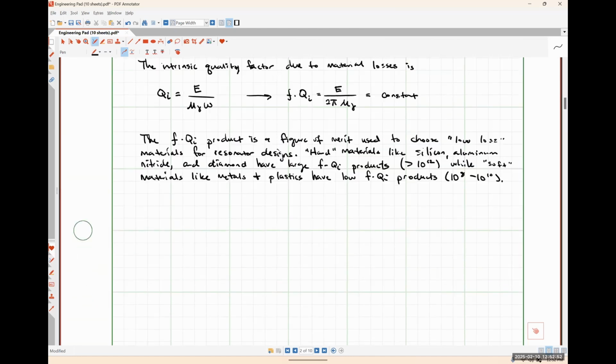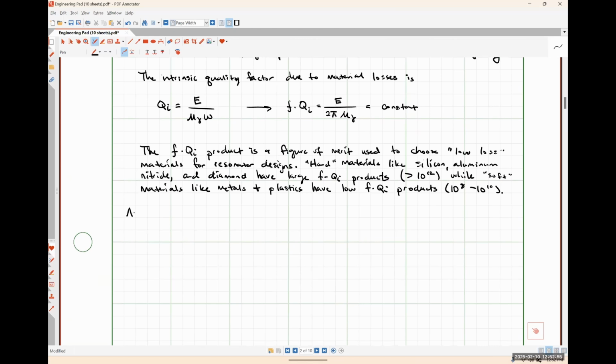All right, so now let's talk about anchor losses. Anchor losses occur when essentially we accidentally transfer some of our vibrational energy into our substrate through our anchors.